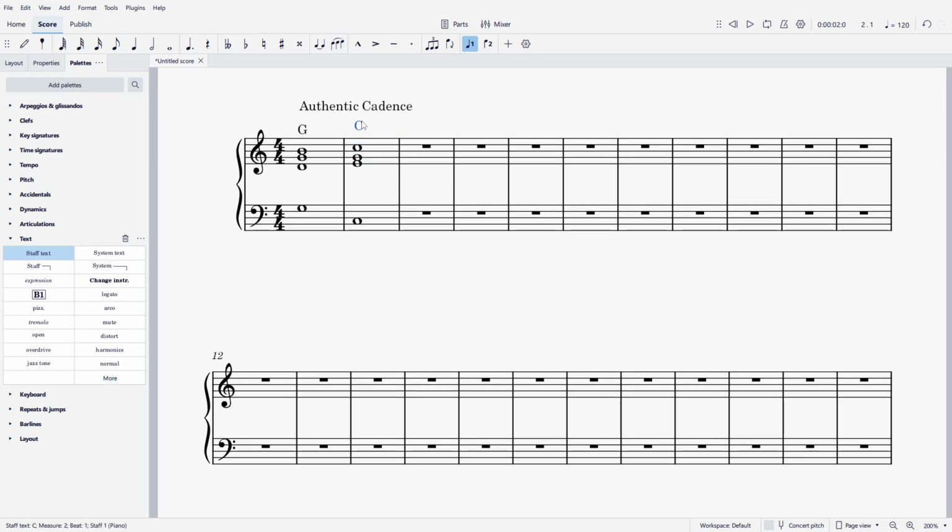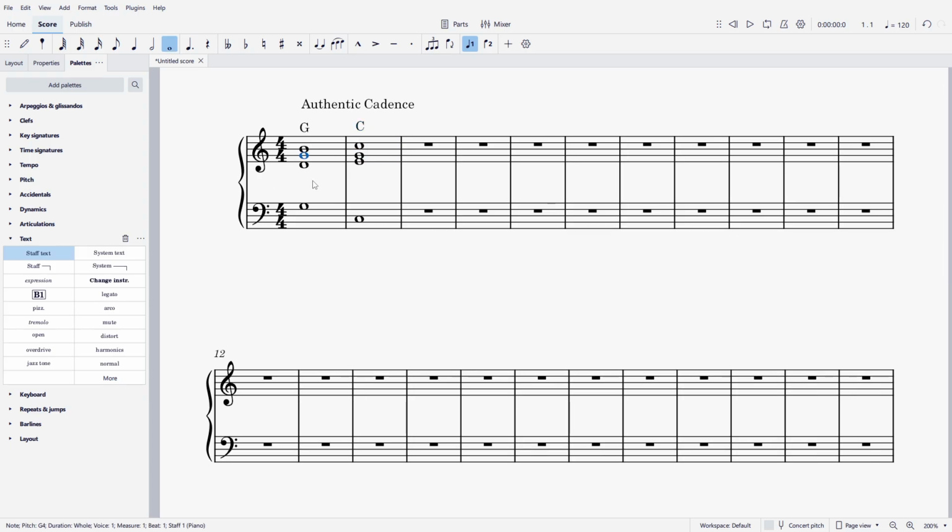That makes an authentic cadence. It doesn't matter which scale you're using, an authentic cadence is going from the dominant chord to the tonic chord to finish a sentence, or to finish the song, or to finish whatever.